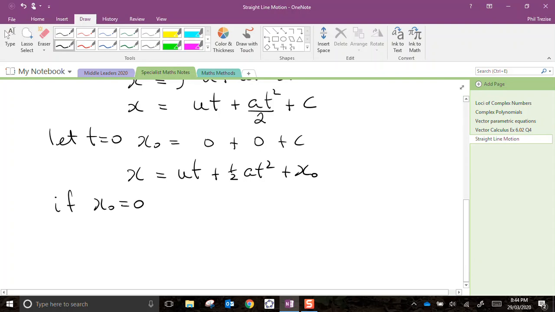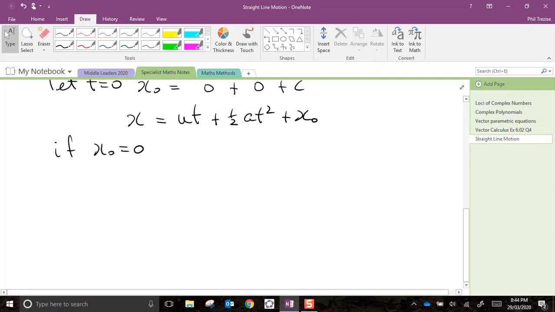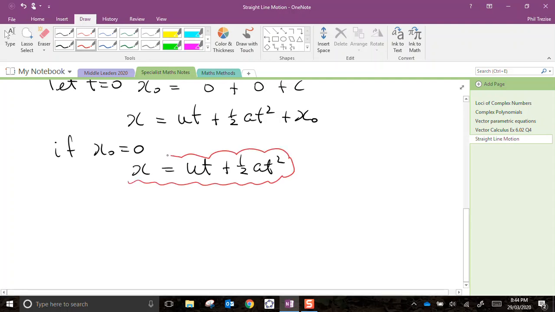In other words, often we choose that the beginning point for the particle's motion is the origin of the coordinate system. And if that's the case, then we get that x equals ut plus 1/2 at squared. That's the familiar equation that you might have seen in physics. And that's our second equation of motion.